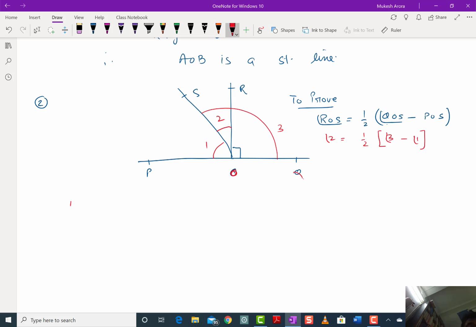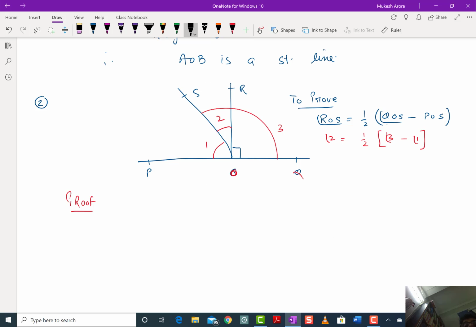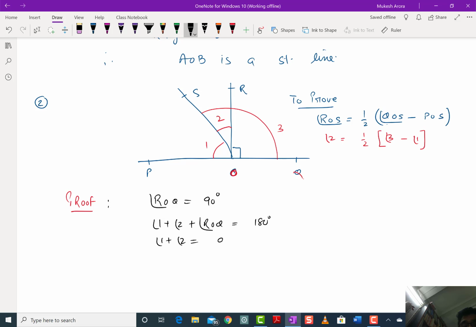So the proof is very simple. In proof we will write now, we know that angle ROQ is equal to 90 and angle 1 plus 2 plus ROQ is equal to 180. So angle 1 plus 2 is also equal to 90.